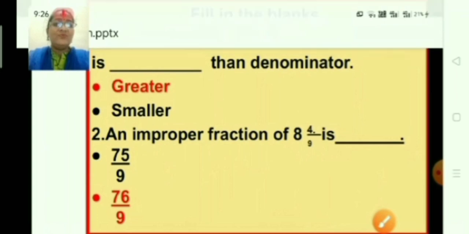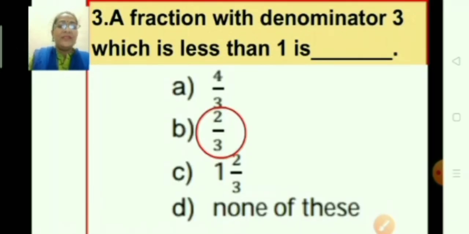Now let us move on to the next fill-up, that is, a fraction with denominator 3 which is less than 1 is dash. Now see children, the information given to you is that the denominator is 3. Here we have options with denominator 3, but one more condition is kept in front of you, that is what?